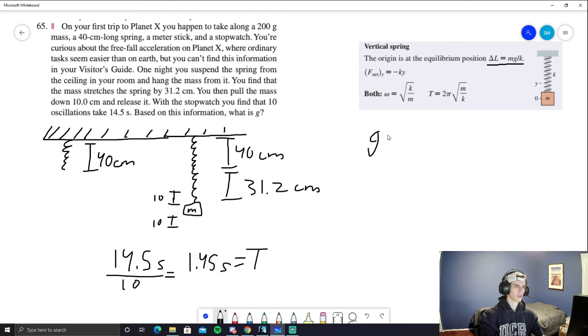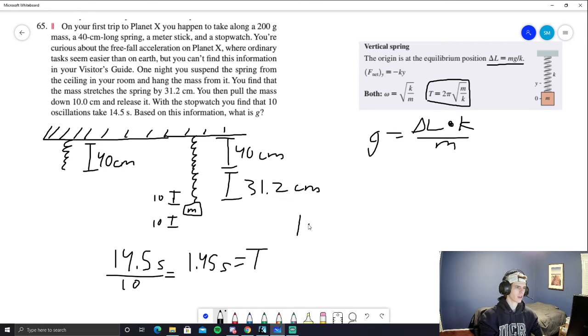If we do that, we get g equals change in length times K over M. Now we don't know what the spring constant K is, but we do notice this equation here. So what if we instead wrote this equation in terms of K and then plugged it into this one?